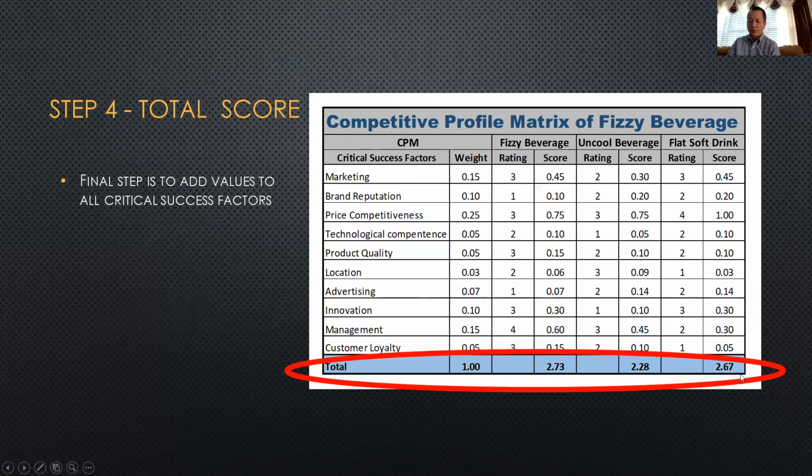We're just a few points above Flat Soft Drink, but having this 2.73 doesn't mean that Fizzy Beverage is better than Flat Soft Drink. It just shows you some of the factors that are critical to the industry. So it gives you a score so you can compare your company to your competitors.